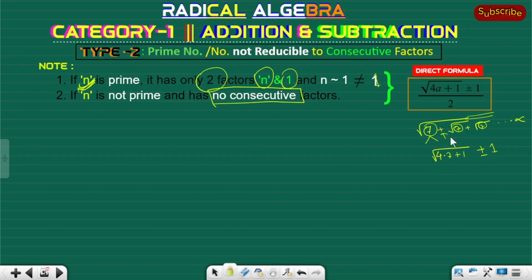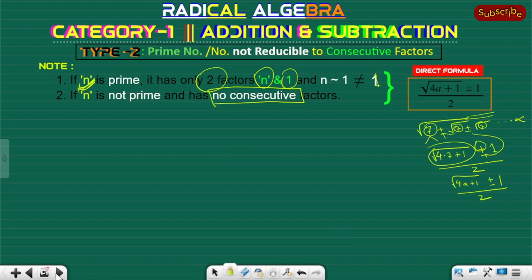If this is plus, then we will choose plus. If this is minus, we will take it as minus. All divided by 2. Under root is the same, 4a plus 1 always. The difference is here either plus or minus 1, by 2.